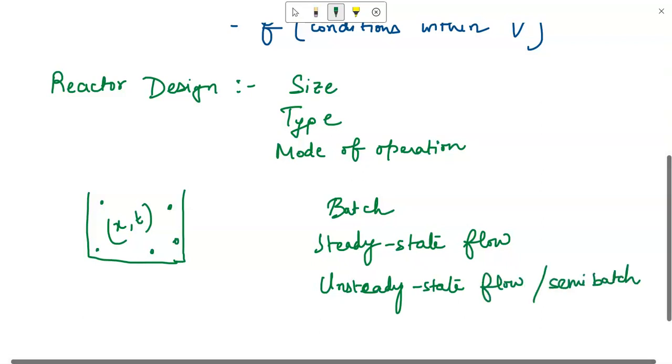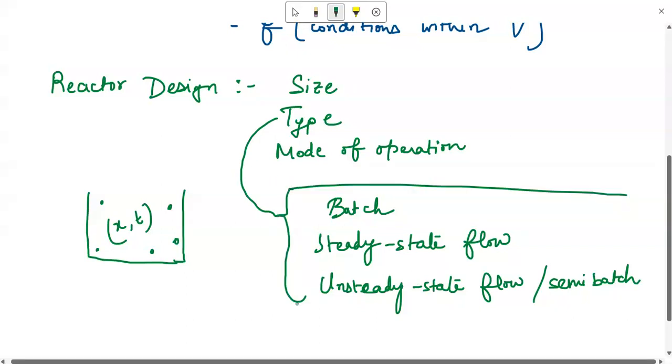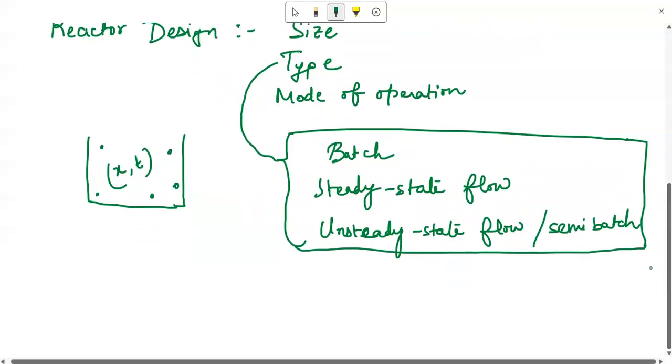So these are the general types of reactors that you can see for homogeneous reactions. Okay, now I'm going to briefly outline the features of these types of reactors.